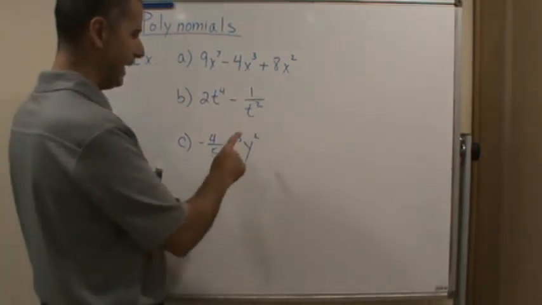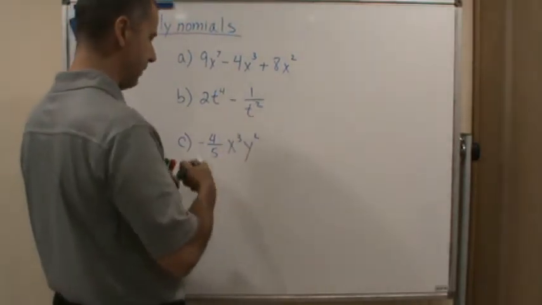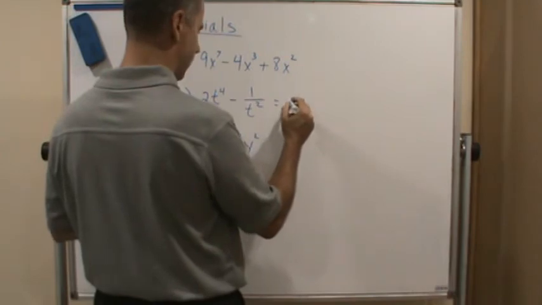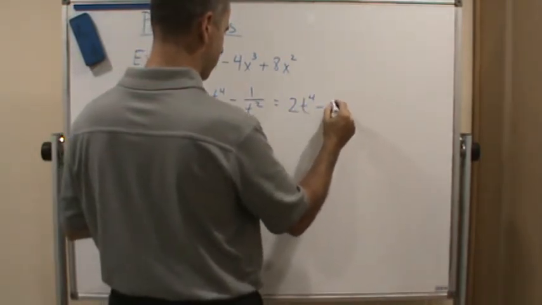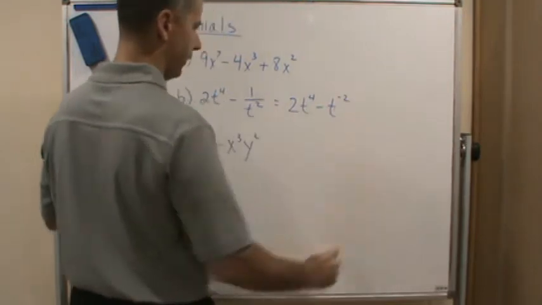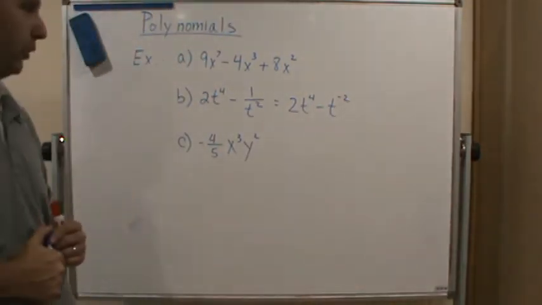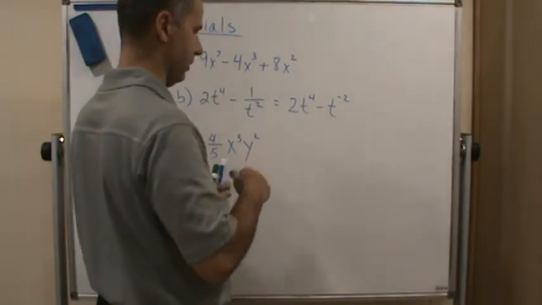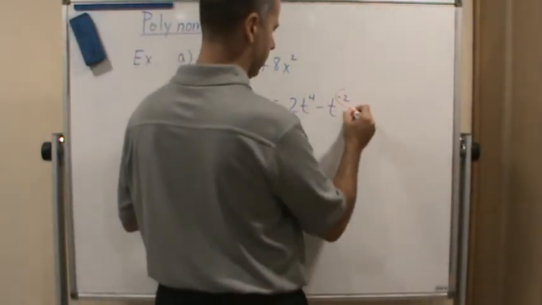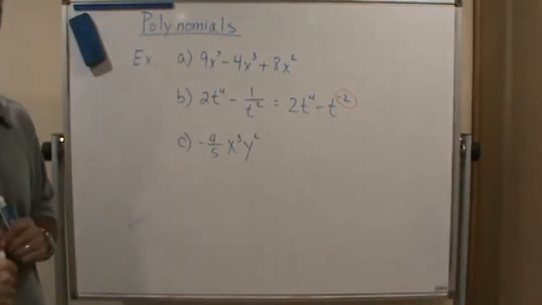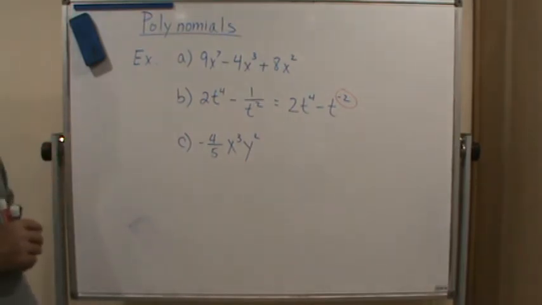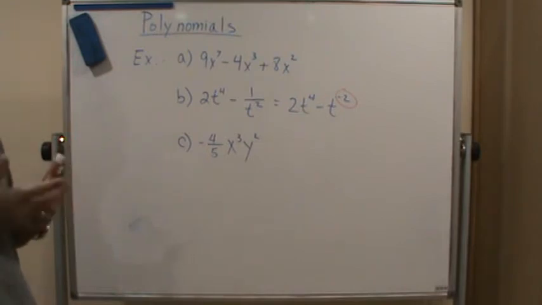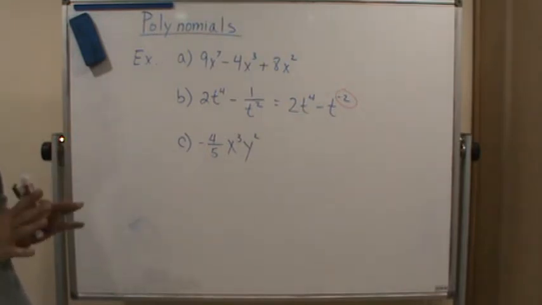And so we can't have variables in the denominator, so we would rewrite it as follows. And therefore, you see that it's not a polynomial because we have a negative exponent. So they have to be positive and they have to be integer exponents, okay? So we can't have fractional exponents either. That's not a polynomial.